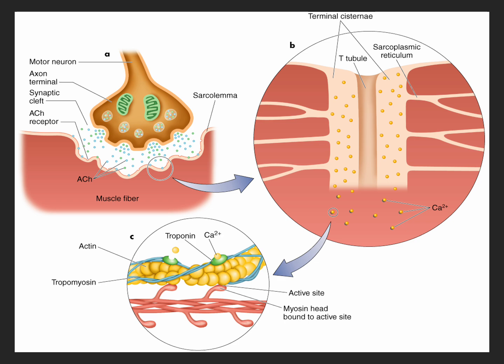Calcium then binds to troponin, causing a shift of the tropomyosin, which reveals the binding site for the myosin to bind to actin, forming a cross bridge. This allows the myosin head to pull the actin towards the M line, ultimately pulling those Z lines closer together to produce force.